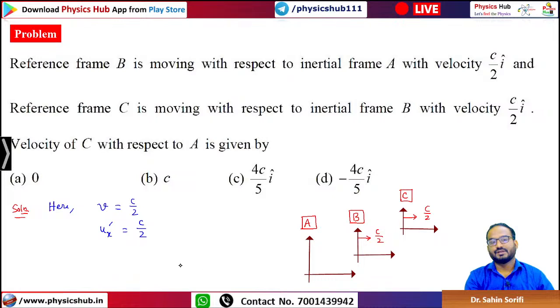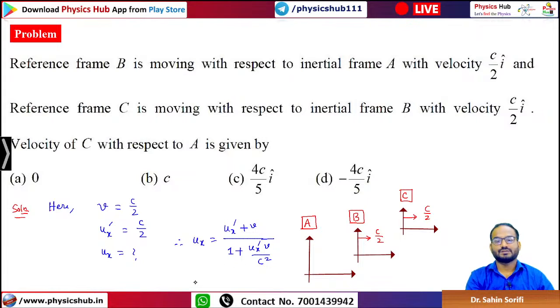Velocity of C with respect to A means ux, you need to find out. Okay, so you know the formula of ux. ux is equal to ux prime plus v divided by 1 plus ux prime into v by c square.